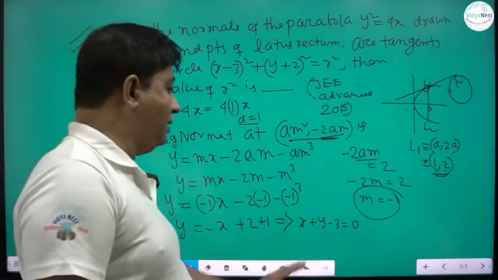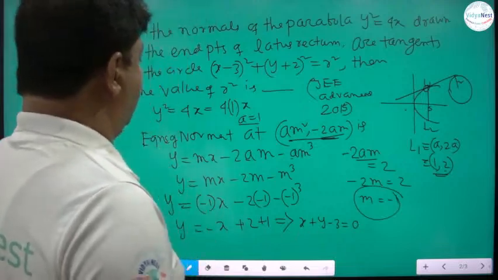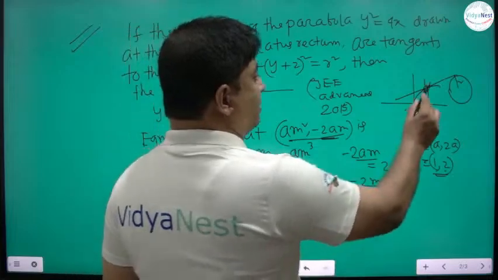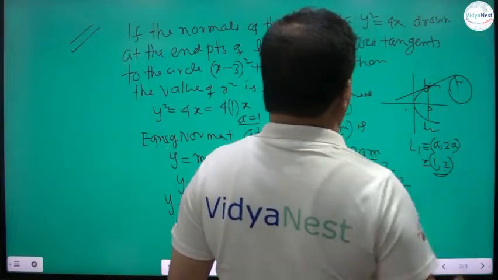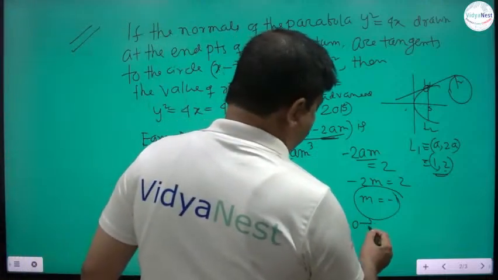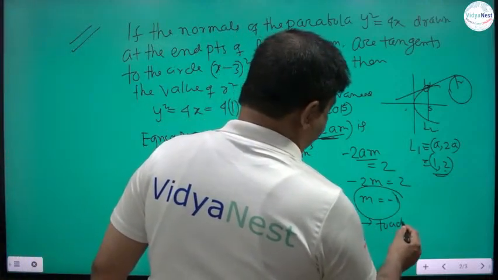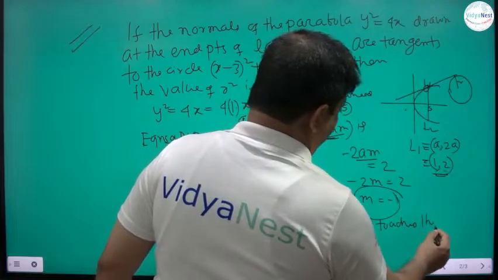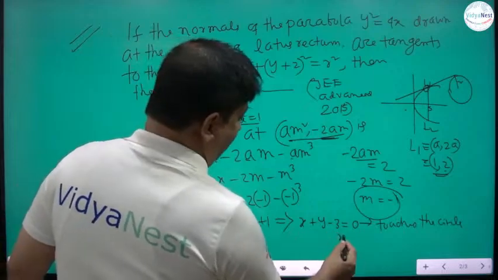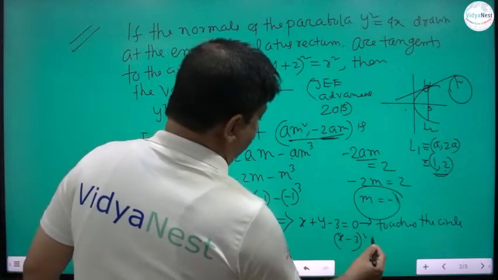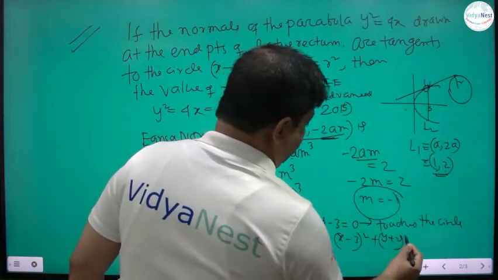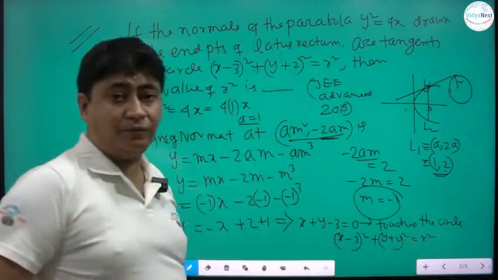Okay, that is one of the normals. And that normal straight touches the circle (x minus 3) whole square plus (y plus 2) whole square is equal to r square.